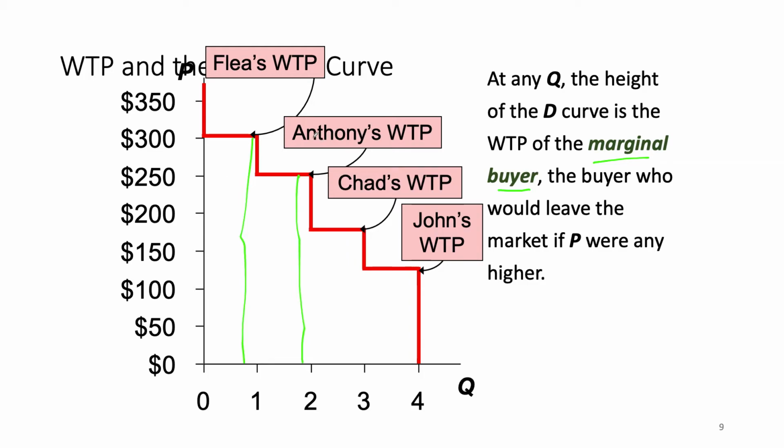If the price is 251, Anthony exits the market. If the price is 250, Anthony jumps into the market. At that price, Anthony's willingness to pay determines whether an additional unit of the good is sold or not. So the marginal buyer essentially determines whether one additional unit of demand is generated or not. Okay, all right.